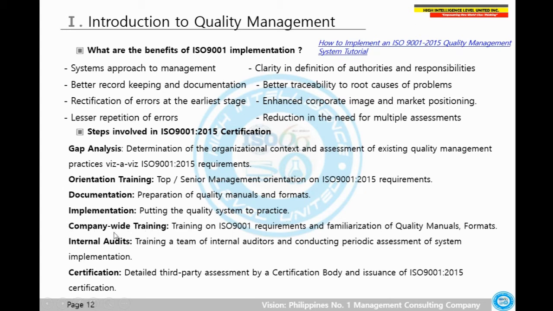Then company-wide training. Do you remember TQM and TQC? Yes, it's all about engagement. Training on ISO 9000 requirements and manual format is company-wide training. And after that, we have to check through internal audits.